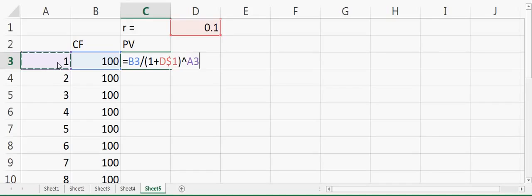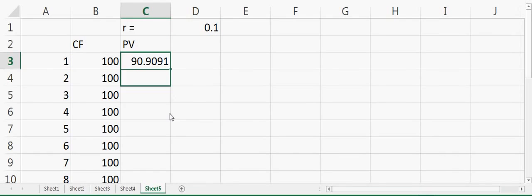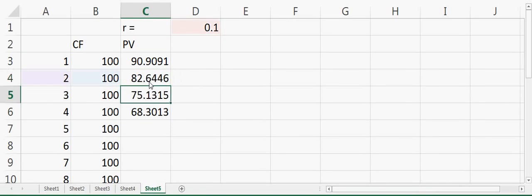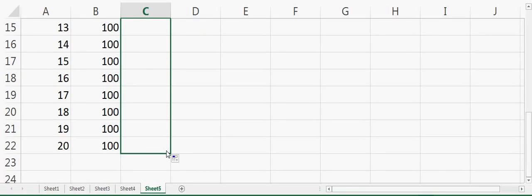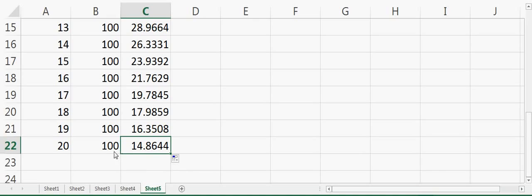For the first year it will be 1, and then for the second year it will change accordingly. As you can see, the values are changing, so we can drag it down and see that the $100 we'll receive after 20 years is only equivalent to $14 received today, right?